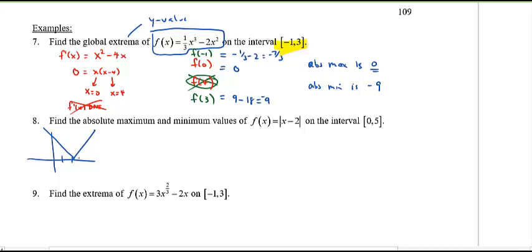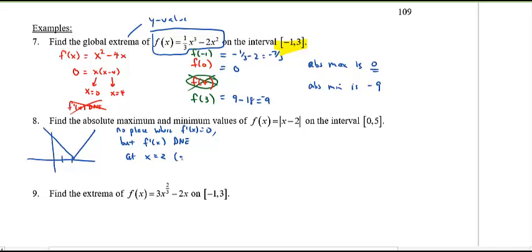And notice that there is no place where f prime of x equals 0. So no critical numbers, you might think. Wait. But there is a place where f prime of x does not exist. Where is that? That's at x equals 2. So your critical number here is 2.